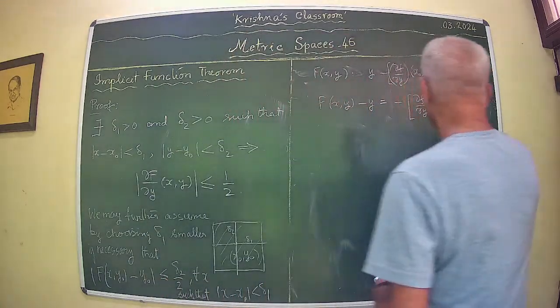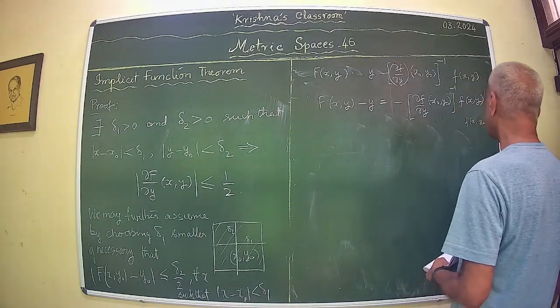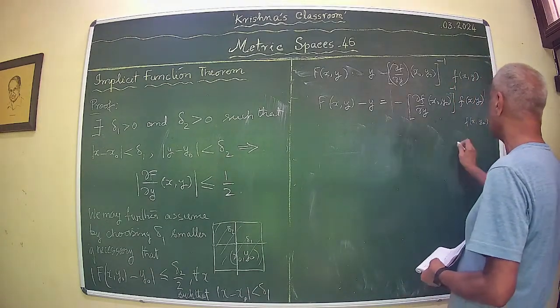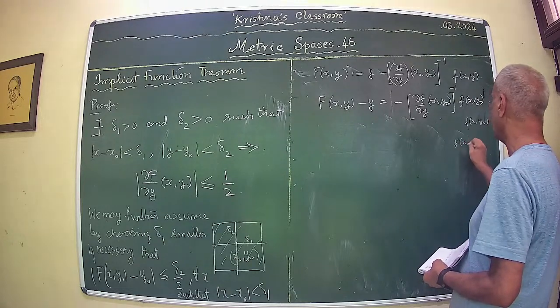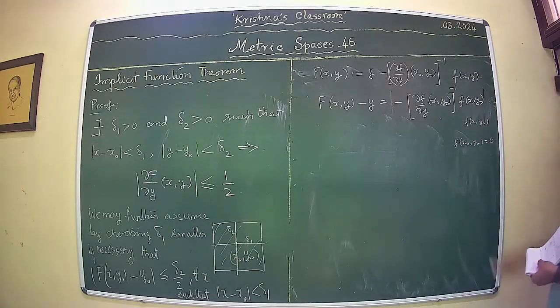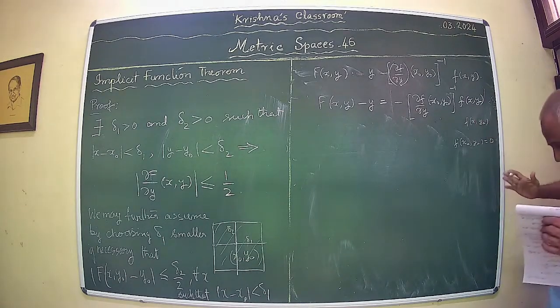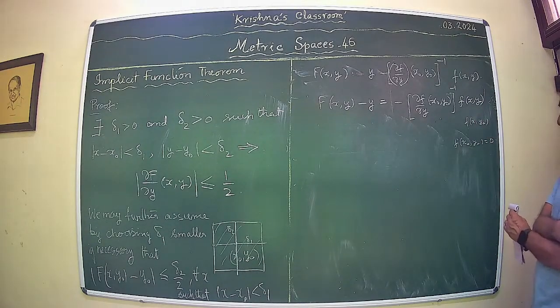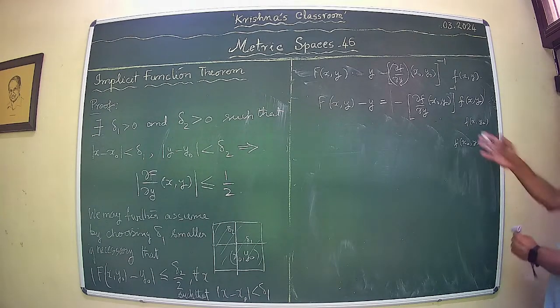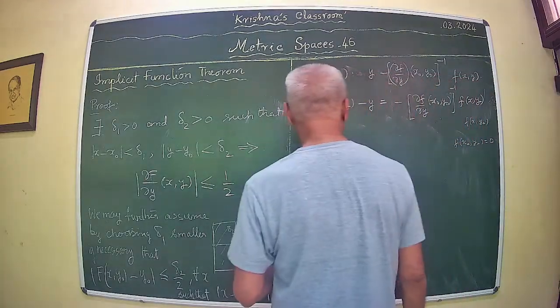That is possible because of the continuity, smoothness, etc. Because you see that f of x naught y naught is equal to 0. Therefore, it is possible to do. So you can reduce the neighborhood of x naught in such a way that this condition is satisfied. Okay. Right.